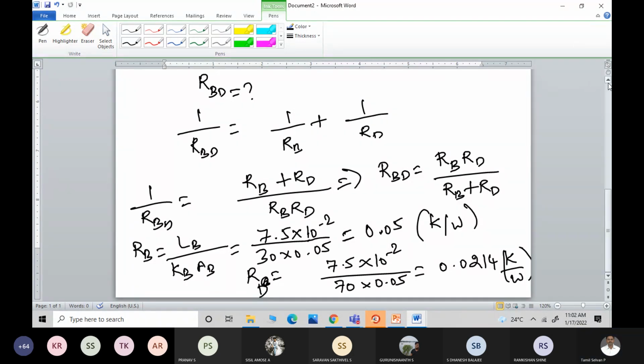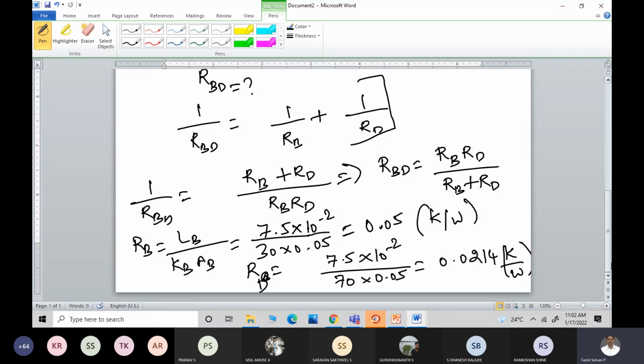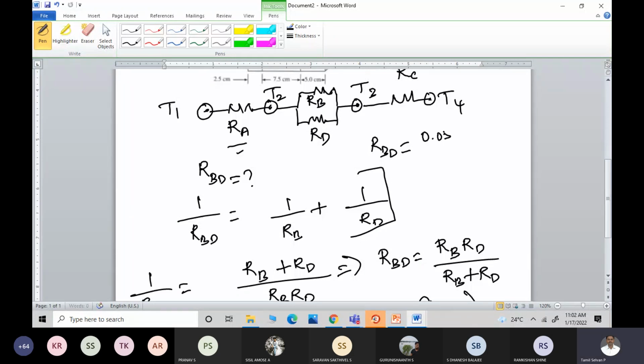RBD is equal to RB into RD, that is 0.05 into 0.0214, divided by the sum of these two.